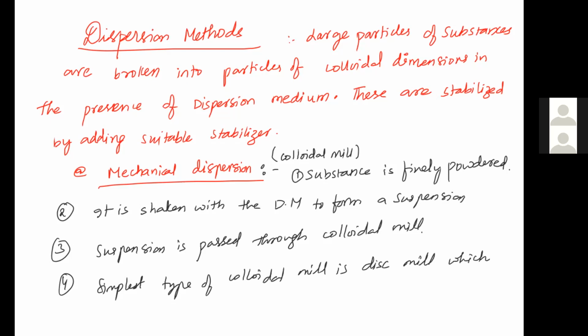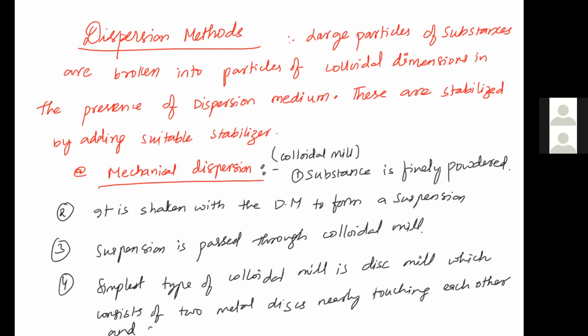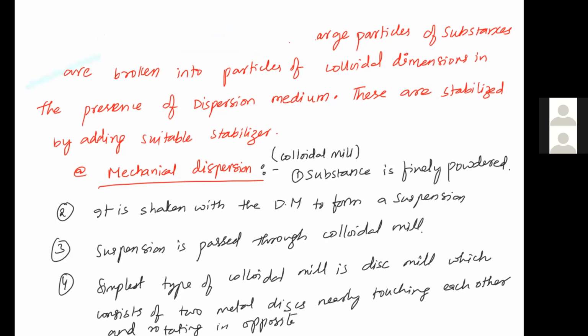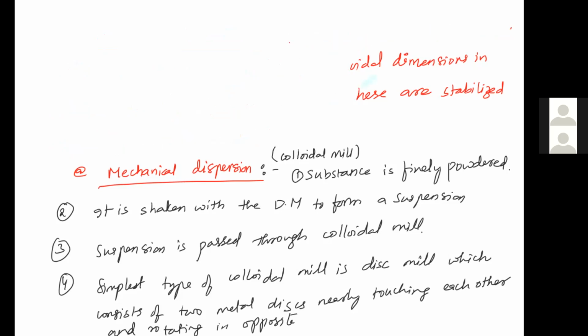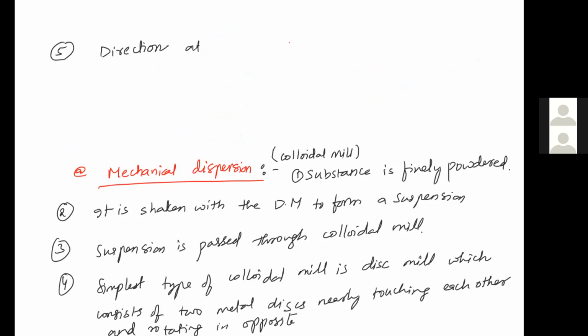I'll tell you how it looks, which consists of two metal discs nearly touching each other, but they rotate in opposite directions at a high speed, that is 7,000 revolutions per minute.